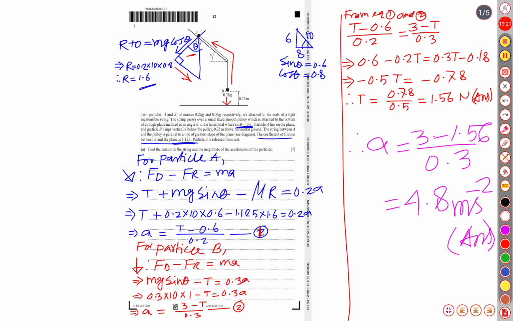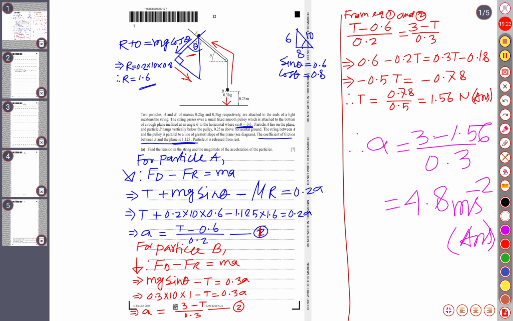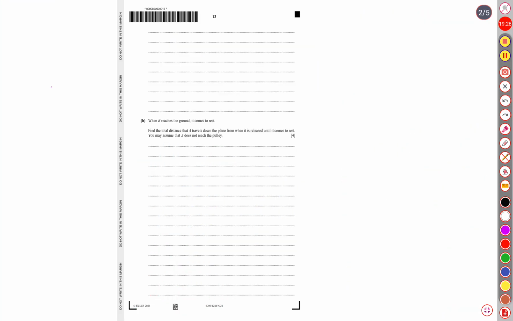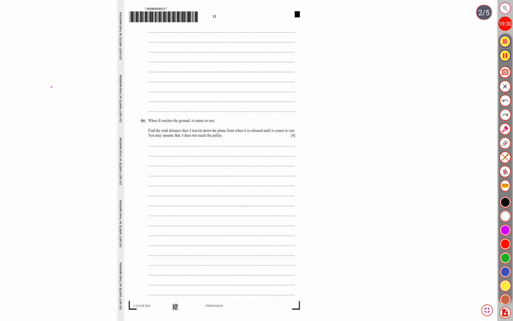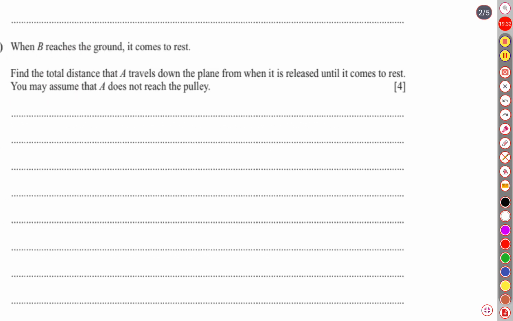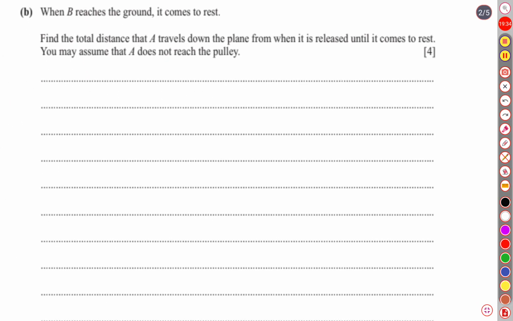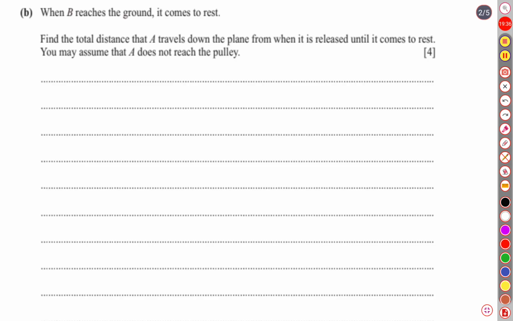Well, let us see what the next question says. It says, when B reaches the ground, it comes to rest. Find the total distance that A travels down the plane from when it is released until it comes to rest.